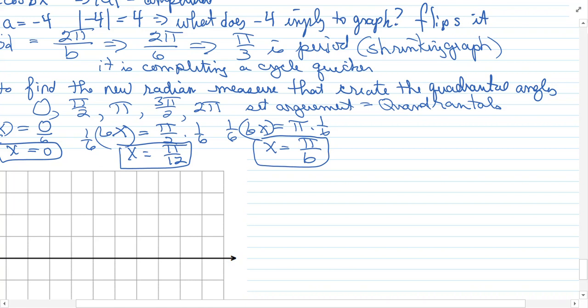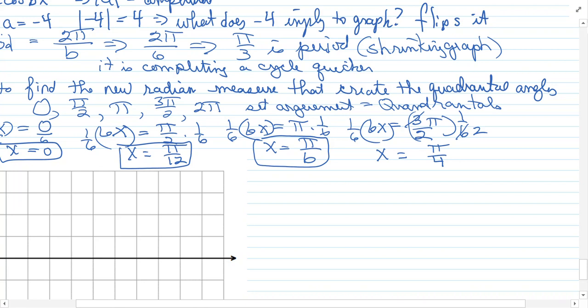Then I'm going to have 6x is equal to 3 pi halves. I'm going to multiply by 1/6. And I'm going to take a shortcut. x equals 2 pi fourths.